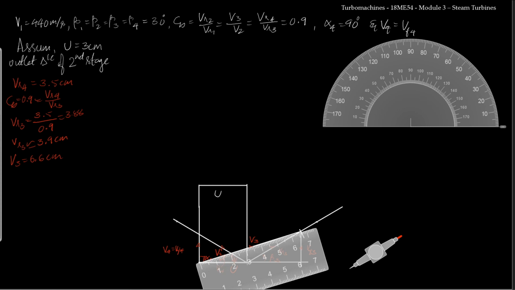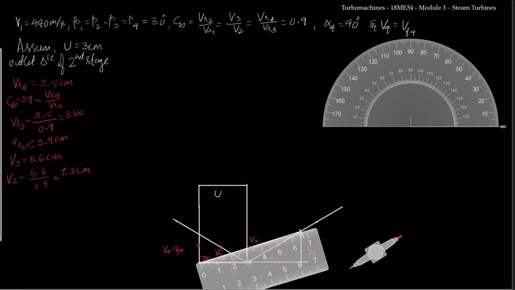And I know the relation between V3 and V2. V3 by V2 will be equal to 0.9, or V2 will be equal to the length of V3, that is 6.6 divided by 0.9, which is 7.3 centimeter.